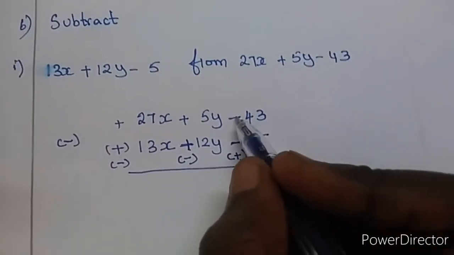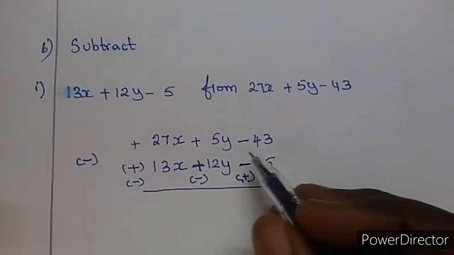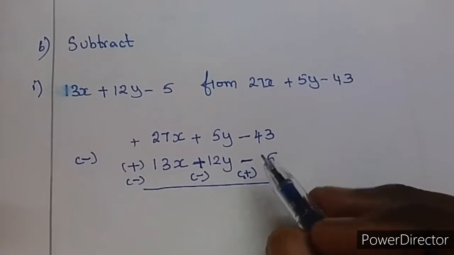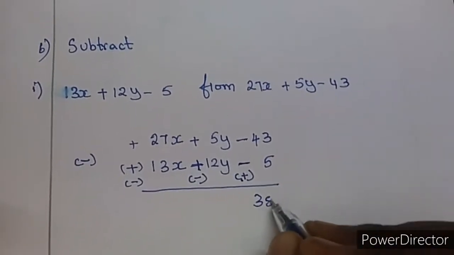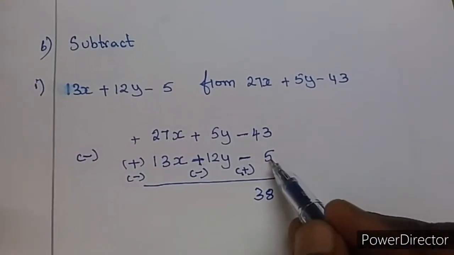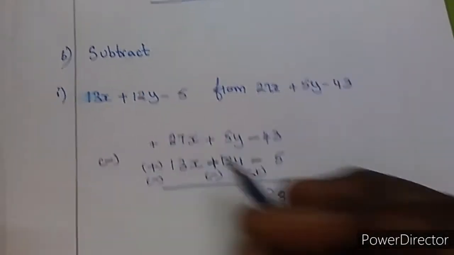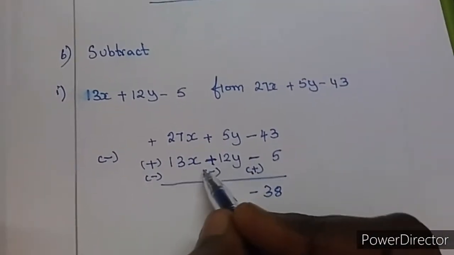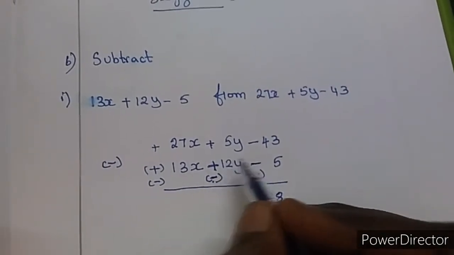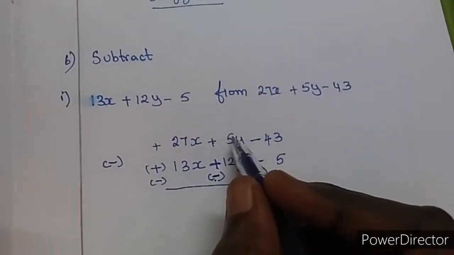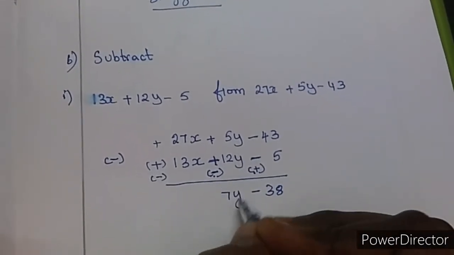Okay, so now minus into plus, we have to subtract these two numbers. So 43 minus 5, the answer is 38. Which number is greater? 43. Sign for that is minus. Plus into minus, we have to subtract these two numbers. 12 minus 5, it is 7. Don't forget to write the variable.